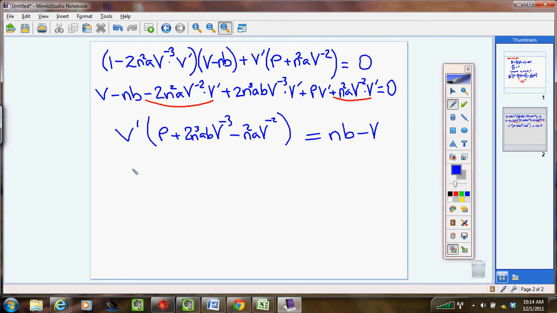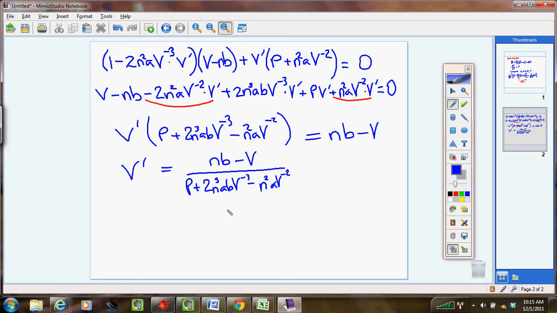So now solving for v prime, just through some division, we're going to get nb minus v divided by all of this stuff that we have right over here. And so, just write it down, p plus 2n cubed ab v to the power of negative 3 minus n squared a v to the power of negative 2.